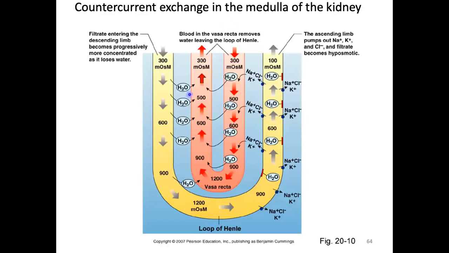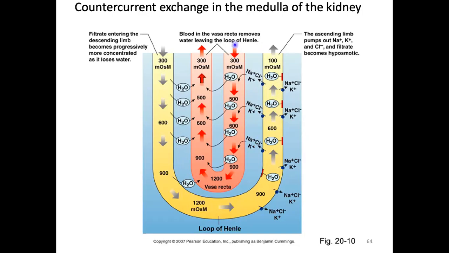Countercurrent exchange. Let's add the blood vessel to it. Here's your loop of Henle. You're pulling water into the interstitium, and then you're actively transporting sodium into the interstitium. So what ends up happening? Sodium gets kicked into the interstitium, and it's going to go into the blood, into the vasa recta.